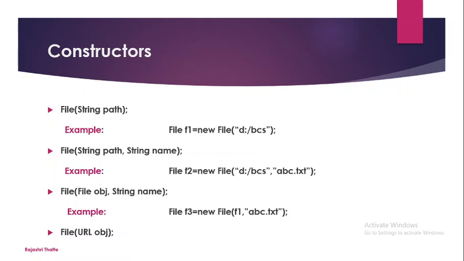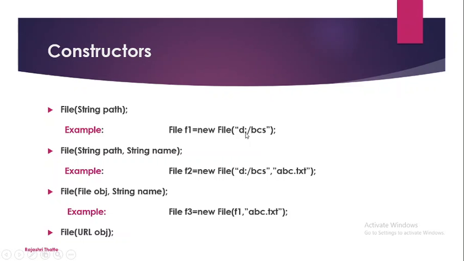If I want to create an object using this constructor, as a parameter I have to specify the path where my file is located. For example, I am creating an object of the File class as f1: File f1 = new File("d:/bcs"). This string is nothing but the path where my file is located.